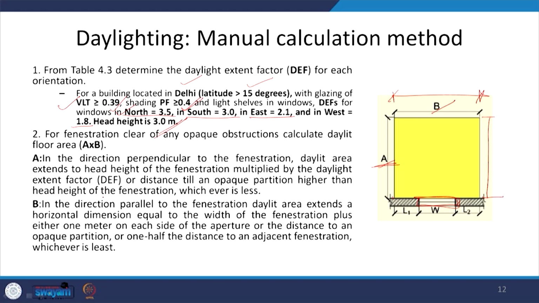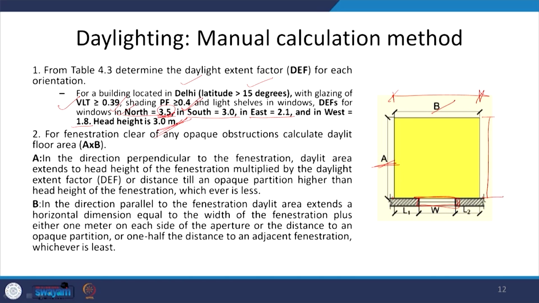So, if we look at this particular case, we have a DEF of say 3.5 in north. If we are calculating it for the north fenestration, this has a DEF of 3.5 and the head height is 3.